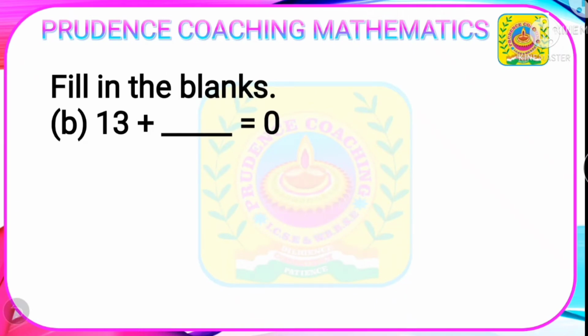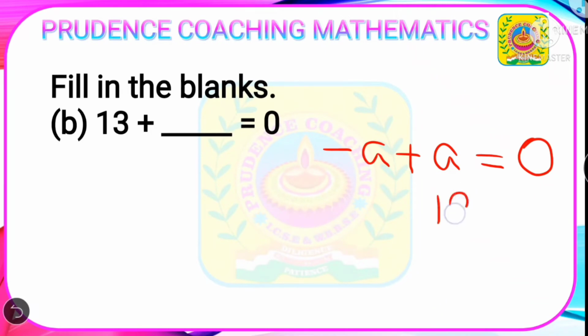Next one, as I have already explained to you, minus A plus A always gives you 0. So here also we need to form 0, but we have been given positive 13. Now what should be added with positive 13 to get 0? So here it will be minus 13.